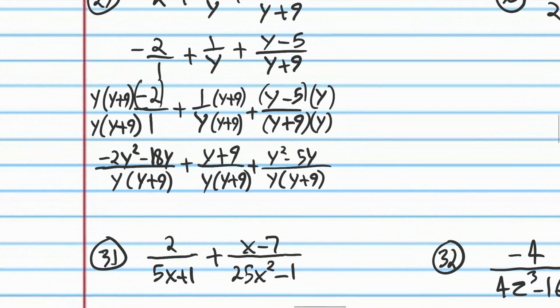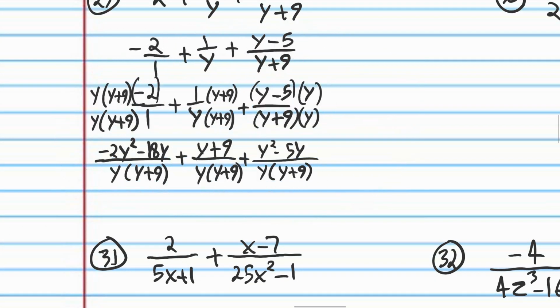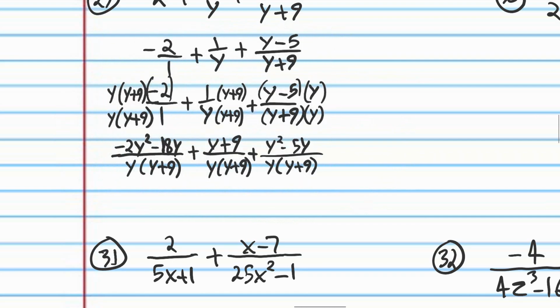All right, so I'm going to shrink all this. So now we can combine, and we have negative 2y squared and a y squared. That would combine to negative y squared. And we have negative 18y and negative 5y, so we can combine all those.